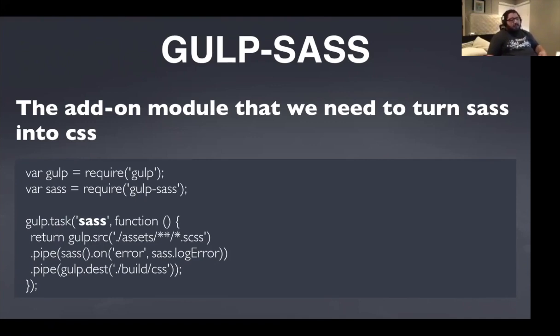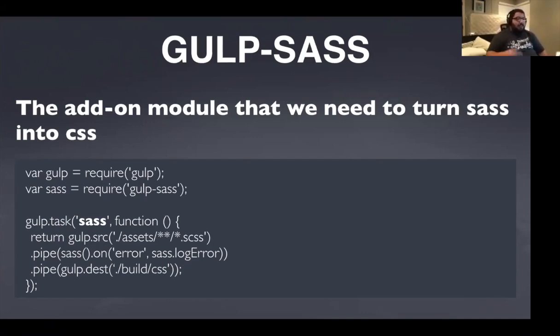So I start with my file in the assets slash, actually a typo right there in my frame. It should be assets slash SASS slash, and then asterisk asterisk, slash asterisk dot SCSS, which will grab all files within the SASS subdirectory of assets.